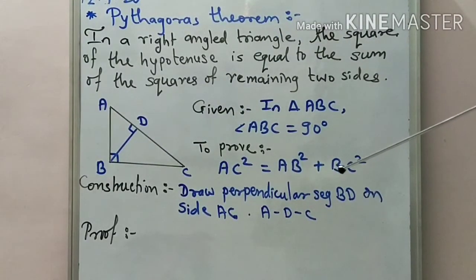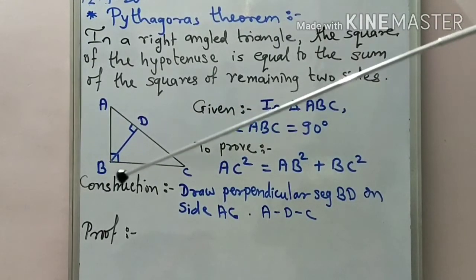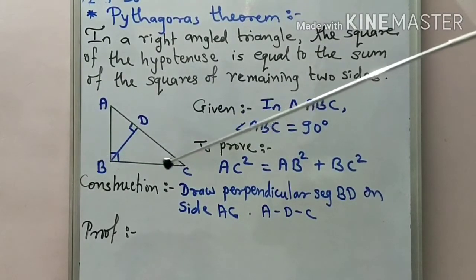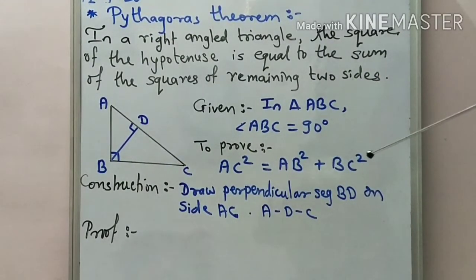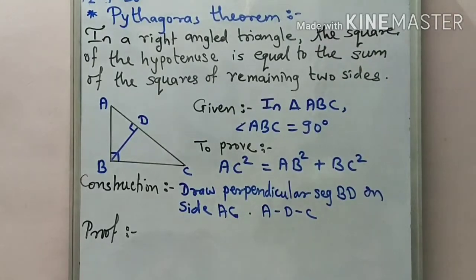Similarly for BC square we have triangle BDC, as BC is there, and in the original triangle ABC also BC is there. So using the similarity of right angle triangles, we form AB square and BC square separately, and then we add these two. Okay, so pay attention over here.